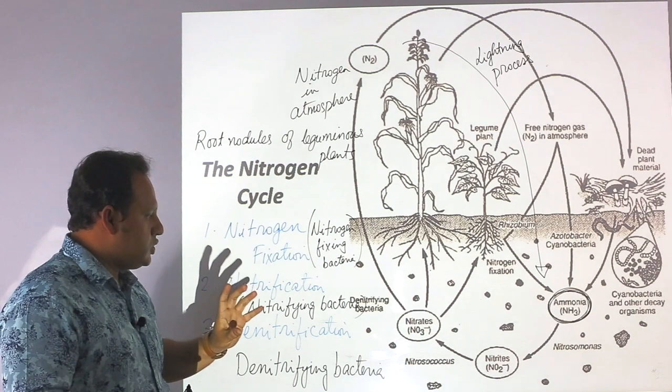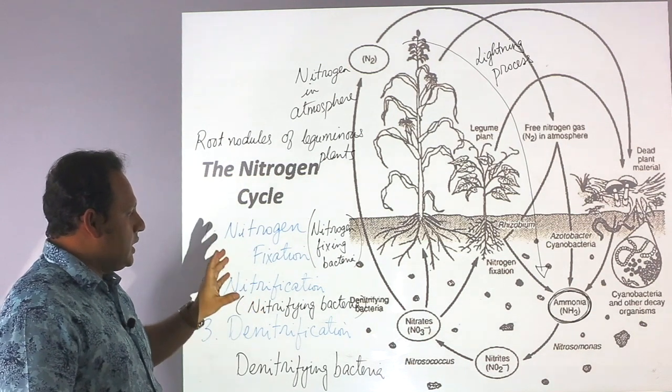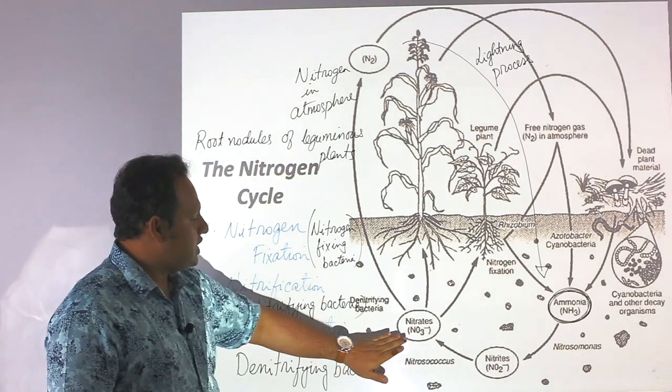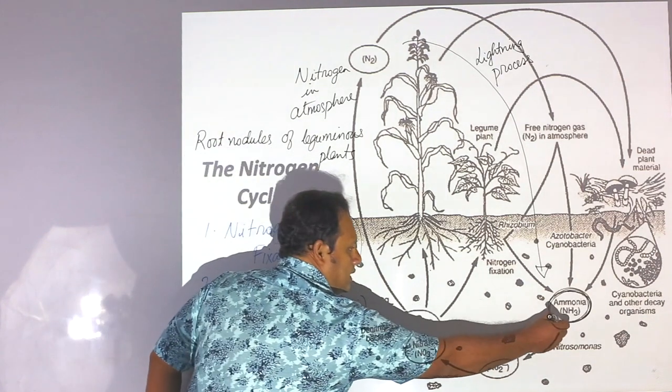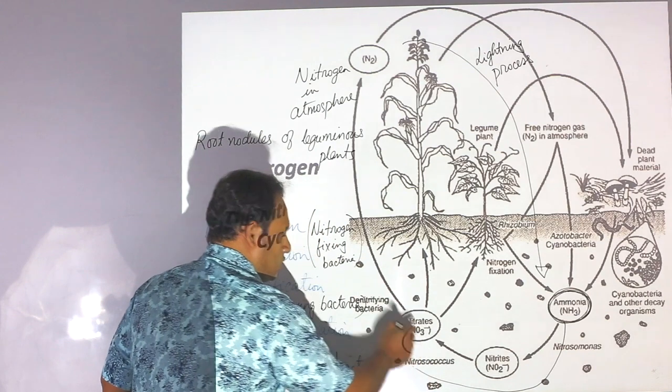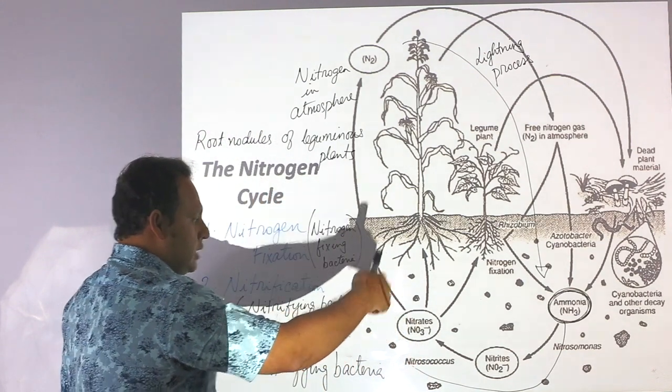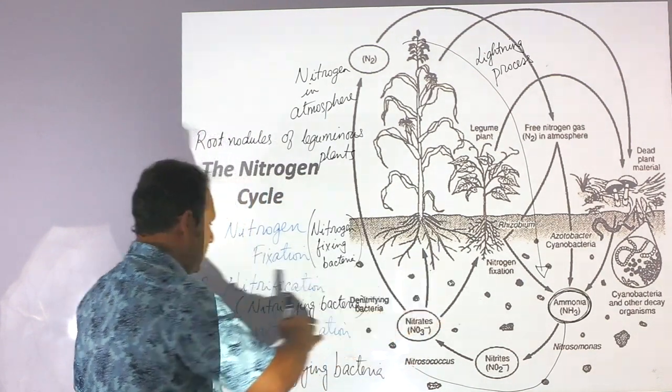Now what is it actually doing, denitrifying bacteria? Well, denitrifying bacteria is actually taking excess nitrates or even ammonia. So it can take ammonia. There are bacteria that can convert ammonia to nitrites and nitrates, which is nitrifying bacteria.